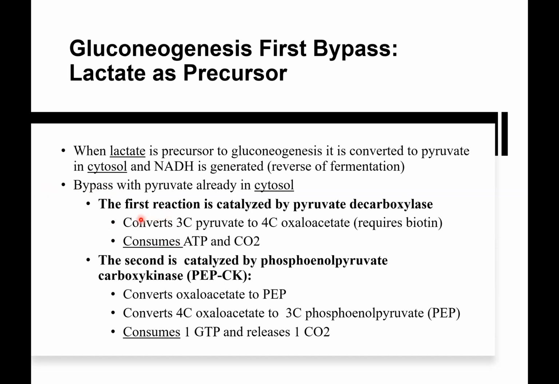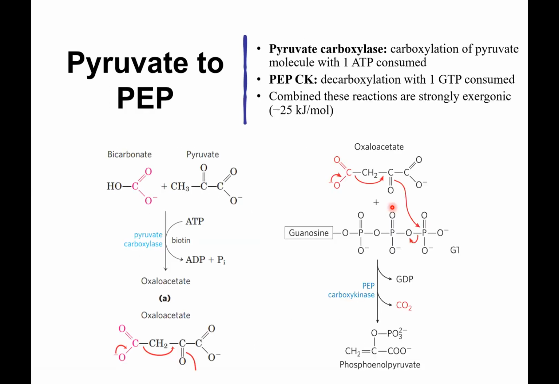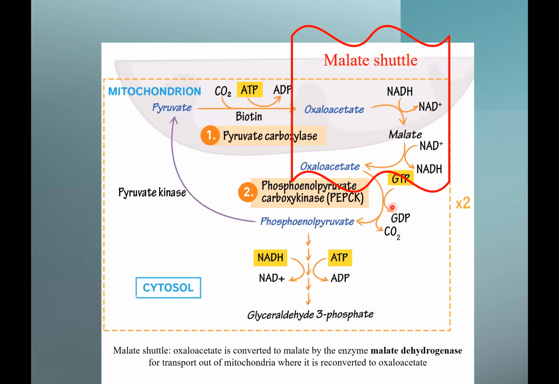But here, okay, if we're doing gluconeogenesis, the first reaction is catalyzed by pyruvate decarboxylase in the cytosol. I'm going to zoom ahead. I want to check myself.